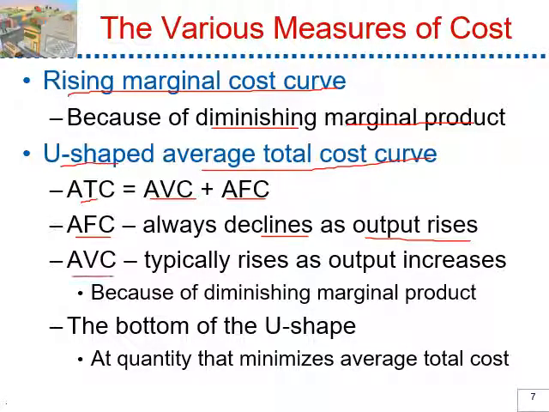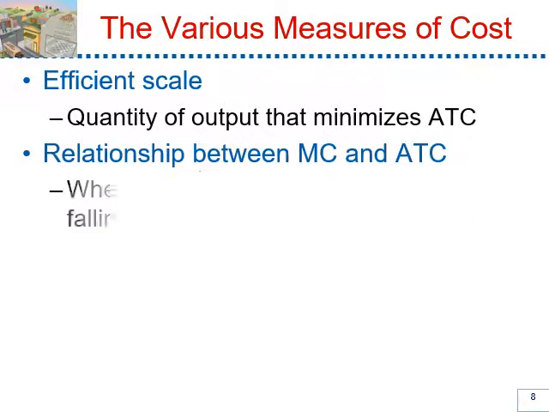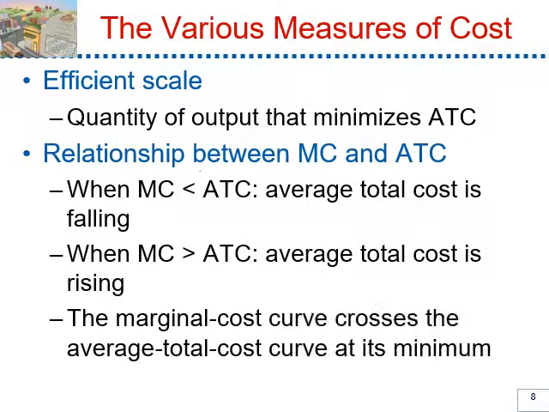The average variable cost typically rises as output increases because of diminishing marginal product. So the bottom of the U shape is at the quantity that minimizes average total cost. The efficient scale is the quantity of output that minimizes average total cost.